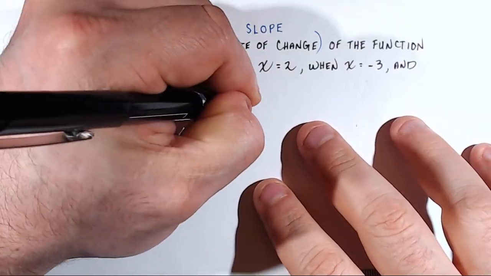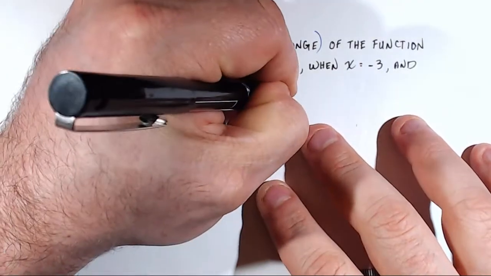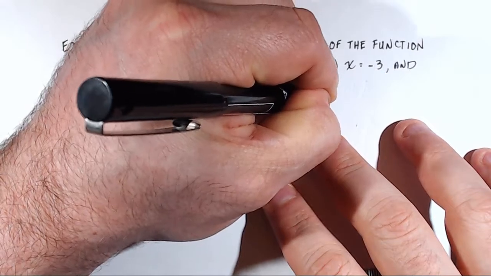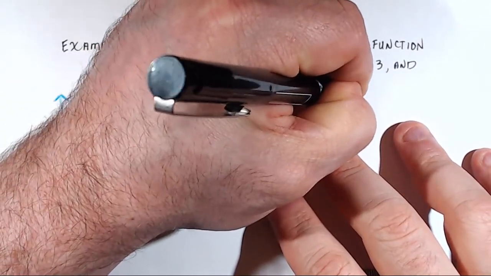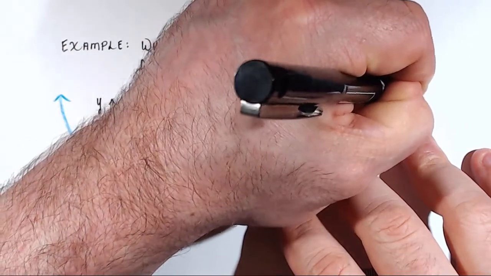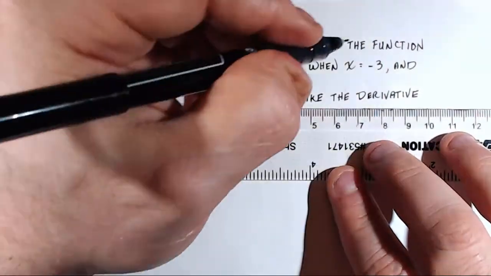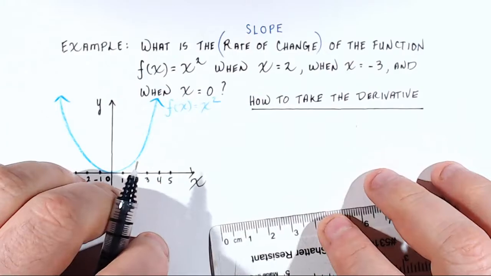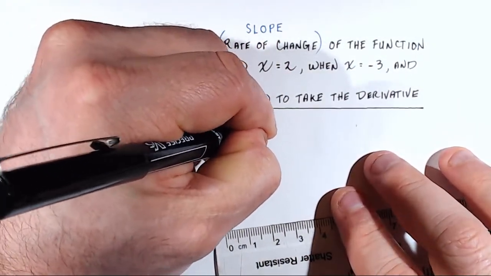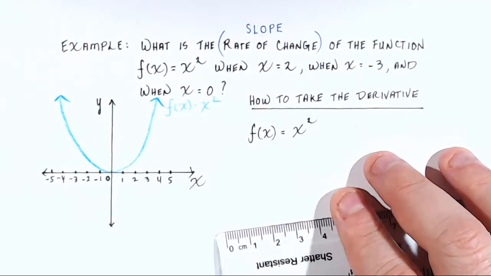It's pretty simple. So here is how to take the derivative. This is a simple case, and it's something that everybody can do. So how to take the derivative. Your given function is f of x equals x squared.